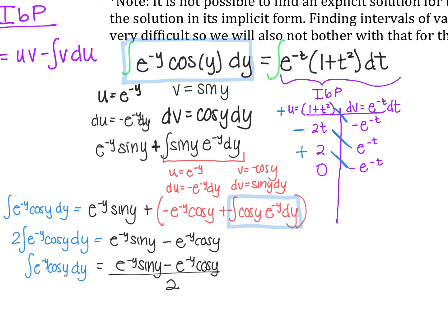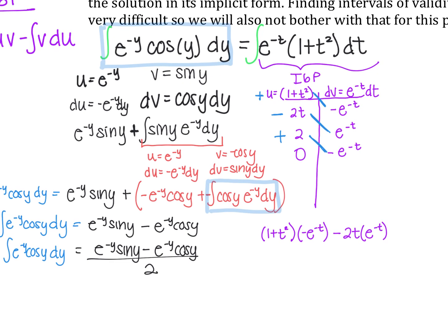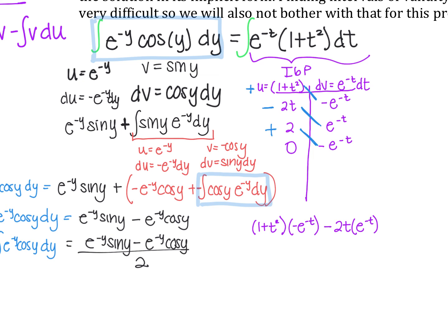Then we add them. So this integration by parts would be positive 1 plus t squared times negative e to the negative t, minus 2t times e to the negative t, plus 2 times negative e to the negative t.